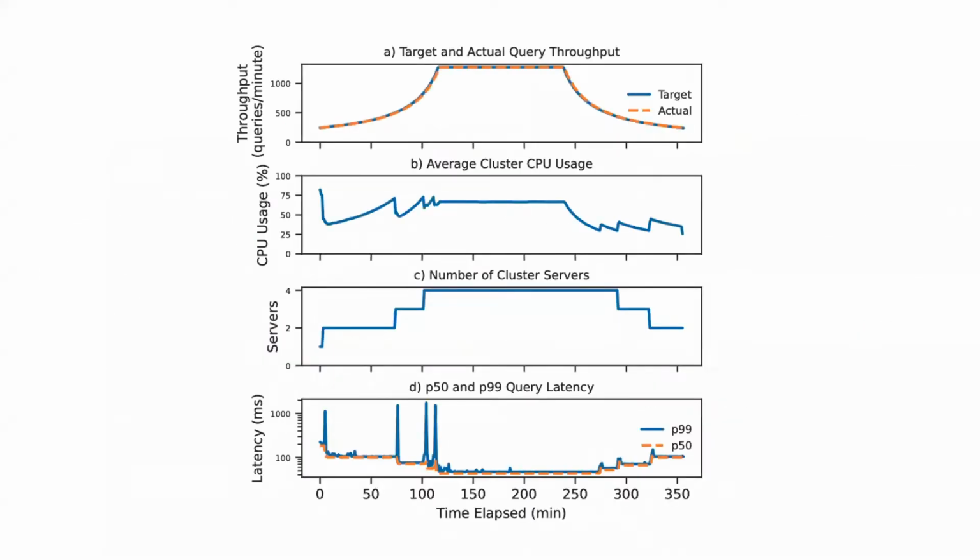The next benchmark is the elasticity benchmark. As the servers are added, how does Uniserve perform? The benchmark was run for 6 hours by them, and the target throughput was varied. All queries are uniformly distributed over a minute. Uniserve's latency spikes for a bit when it adds a server.